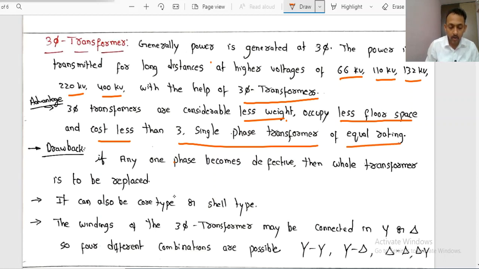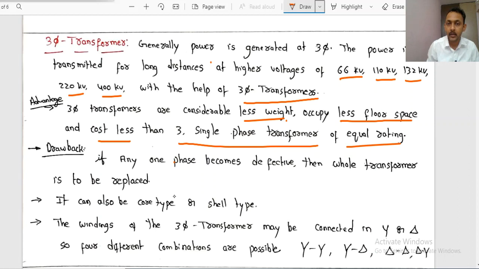For example, if you want to transfer 100 kVA of power with a three-phase transformer, and also the same 100 kVA with three individual single-phase transformers, then it is better to prefer a single three-phase transformer.